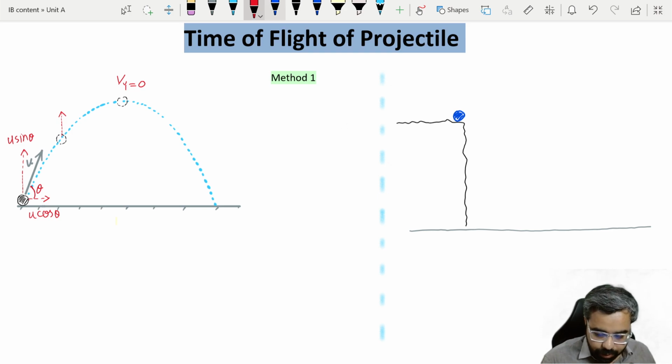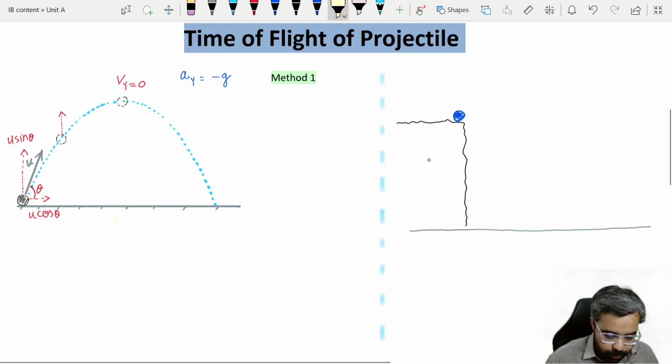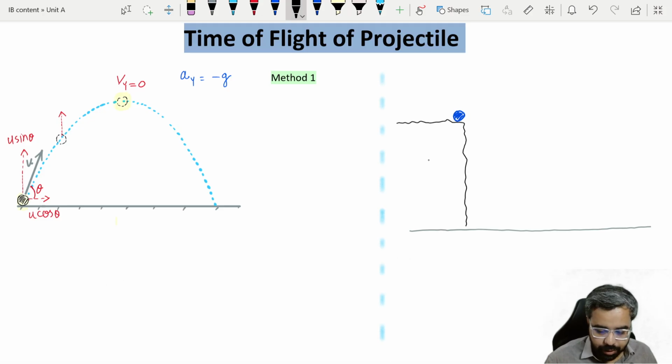So what is our method 1? Of course, we will apply the suvat equations, because acceleration due to gravity is negative g. If I consider this one as the final position, and this of course the initial position, let's apply this equation: v equals u plus a t, right? So we can say v_y equals u_y plus a_y t.